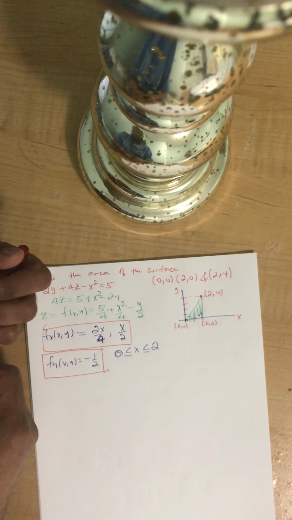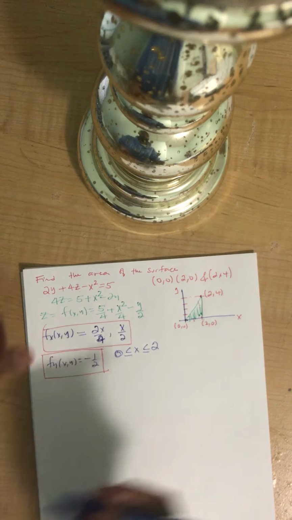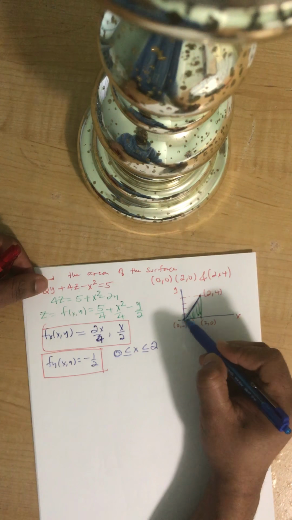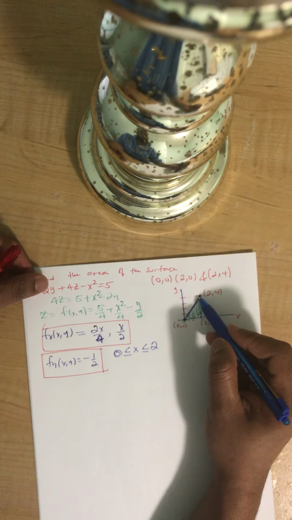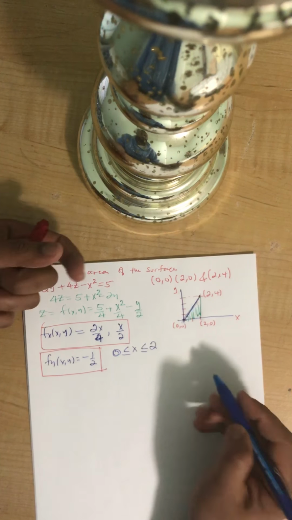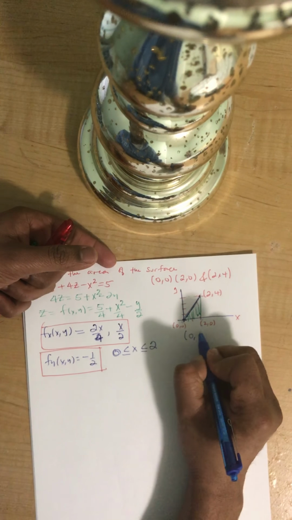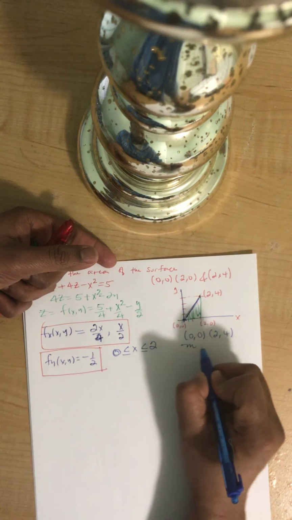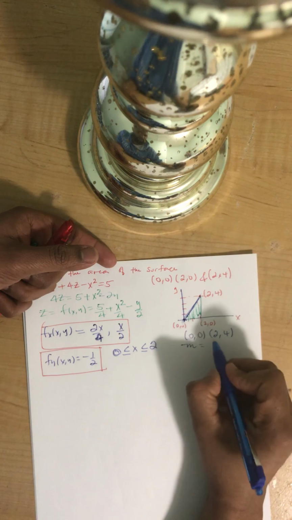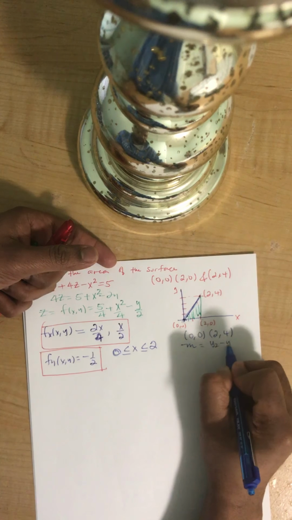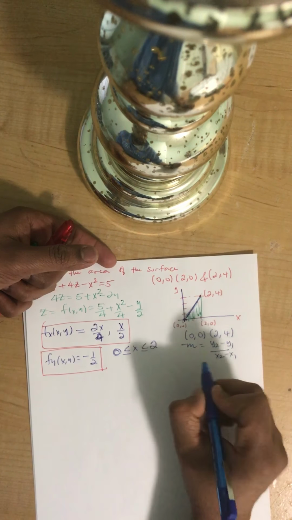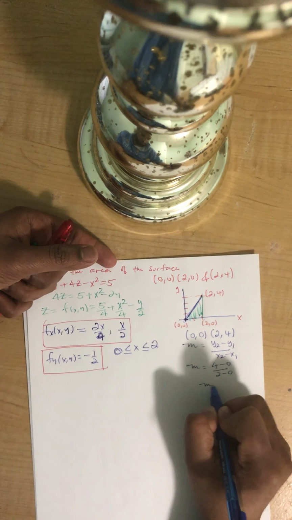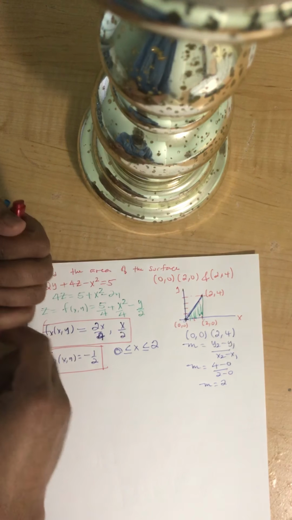And for y, I'm going to find the equation for this line. Since I know the lower boundary, I'm going to use the function as my upper boundary. If I take (0, 0) and (2, 4), I can find the slope from these two points: y2 minus y1 over x2 minus x1. m equals 4 minus 0 over 2 minus 0, so my slope is 2.